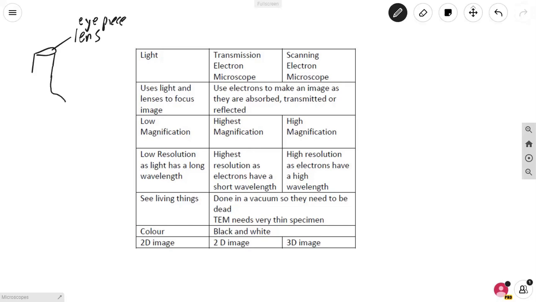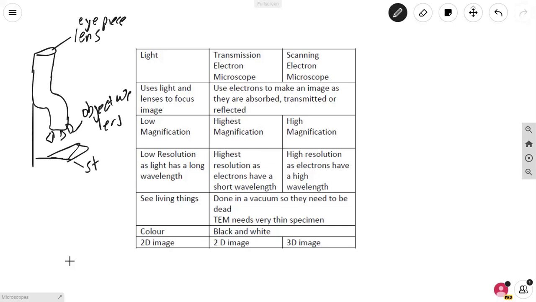You then come down, and then you have three other lenses called the objective lens. And then underneath that, you have the stage in which you put the slide. And you're going to have a light source. The light shines up through the stage, through the lenses, through the eyepiece lens and into your eye.